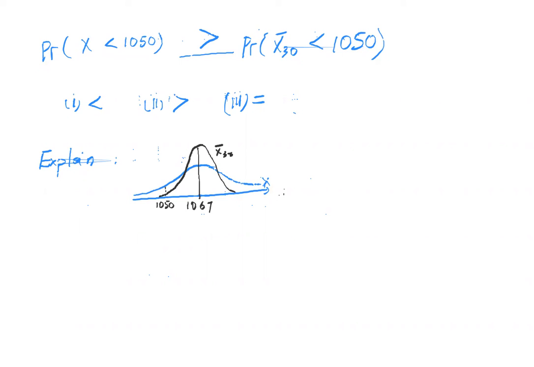You say the black area, then for the other one you put the blue area. You can use your graph to explain. So the chance for X bar 30 to be less than 1050 will be greater than the chance of X to be less than 1050, because X has a bigger standard deviation. Do you get me?